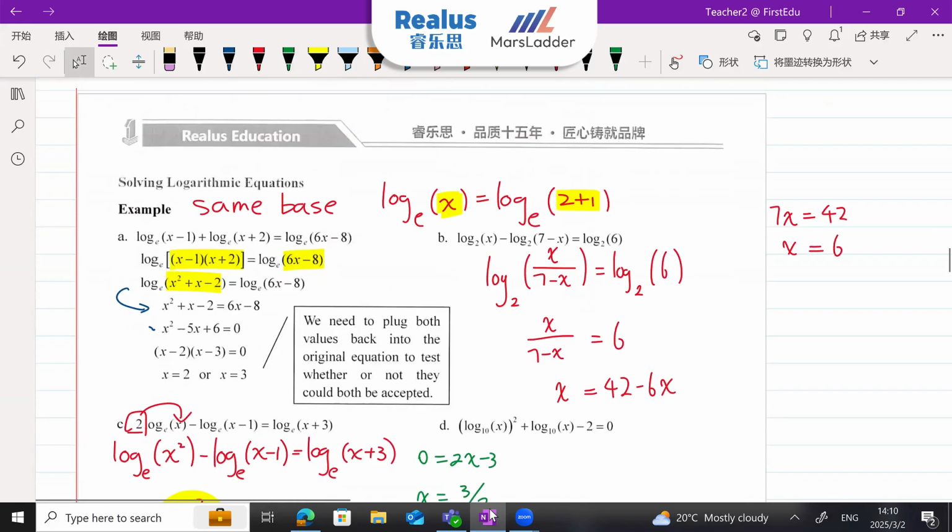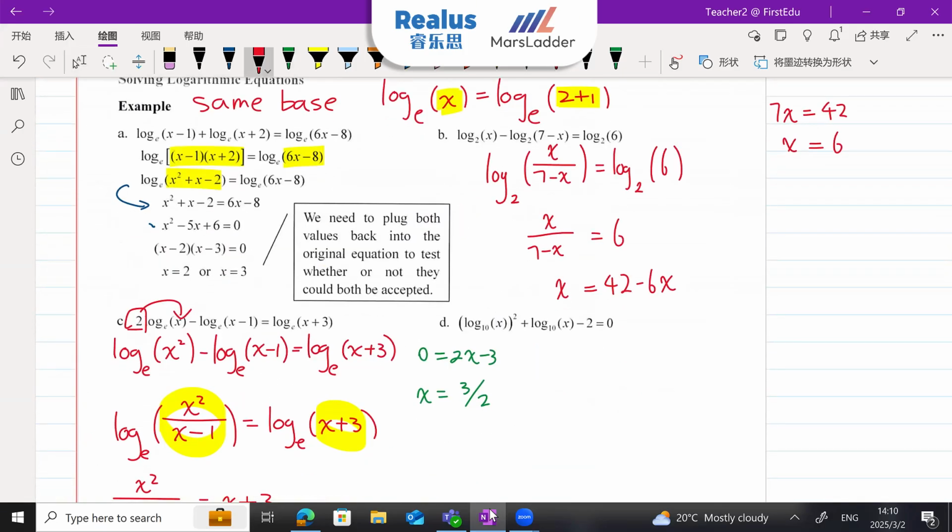Let's go back to the previous ones. The first one here, just as an example, what are the restrictions that this carries? This one says x needs to be greater than 1, because x minus 1 is greater than 0. Then x needs to be greater than negative 2. And this last one says x needs to be greater than 4 over 3. So there are 3 conditions from the 3 different logs. Which one is the most restricting condition?